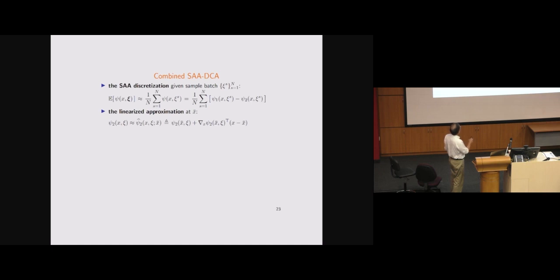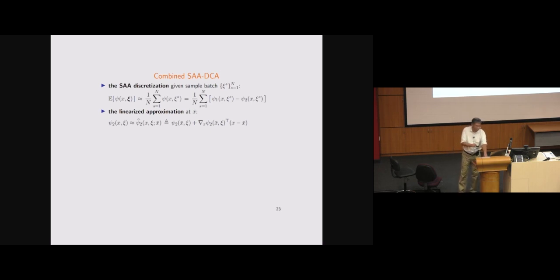The first step is the sampling, so you replace the expectation by the samples, and then you linearize this part. And that will give you a majorization, and so this would be your surrogation function. When you have a DC function, surrogation by a convex function is easy. You just need to linearize the concave part.